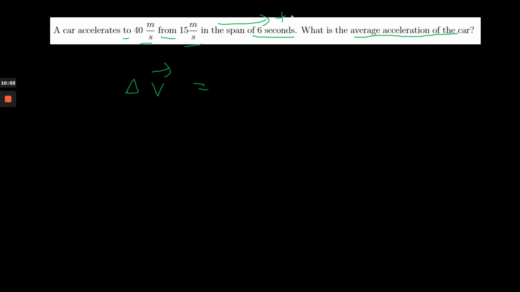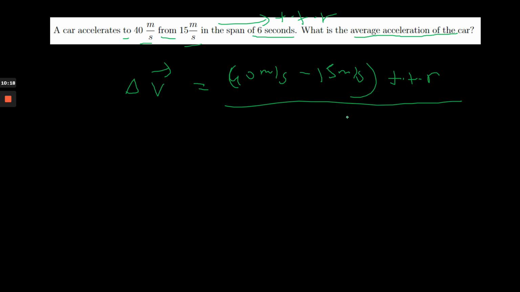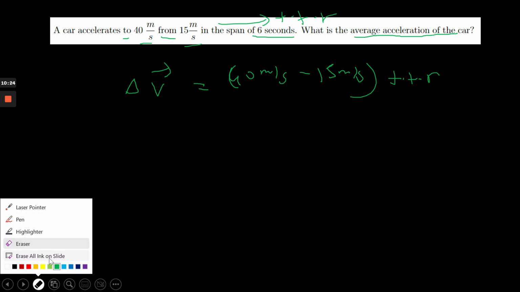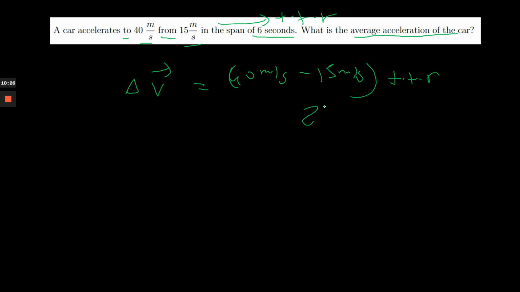So change in velocity is 40 meters per second minus 15 meters per second. This is all to the right. Sorry, don't need to divide quite yet. So that would be 25 meters per second to the right.